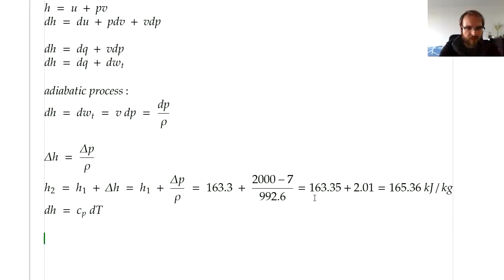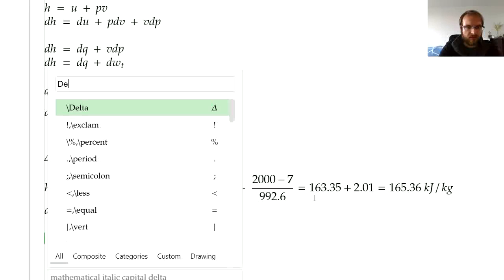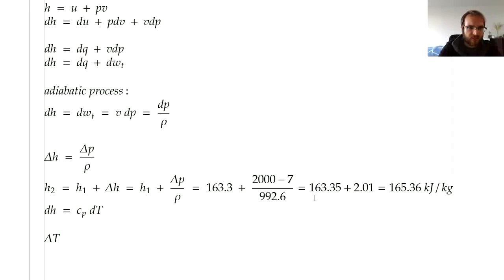So in that case, change in the temperature would be change of enthalpy divided by specific heat capacity, which is 2 kilojoules per kilogram divided by approximately 4.2 kilojoules per kilogram Kelvin, which is roughly 0.5 Kelvin, or more precisely 0.47 Kelvin.